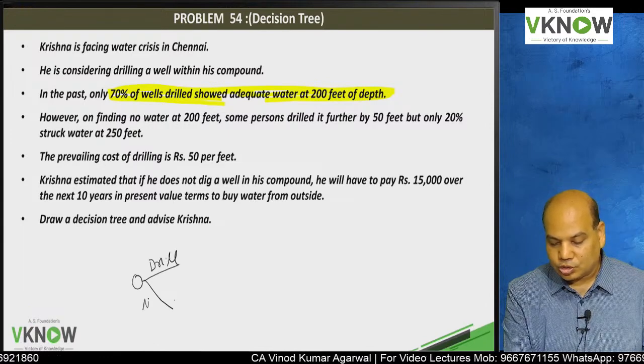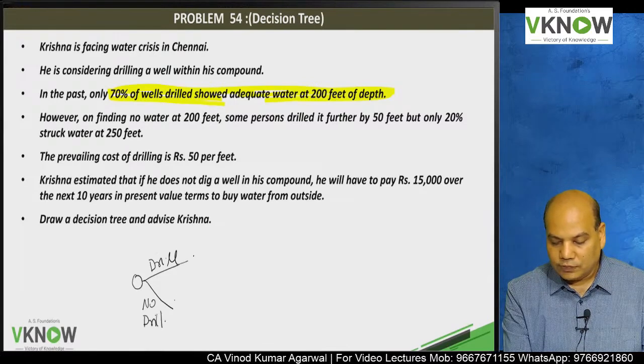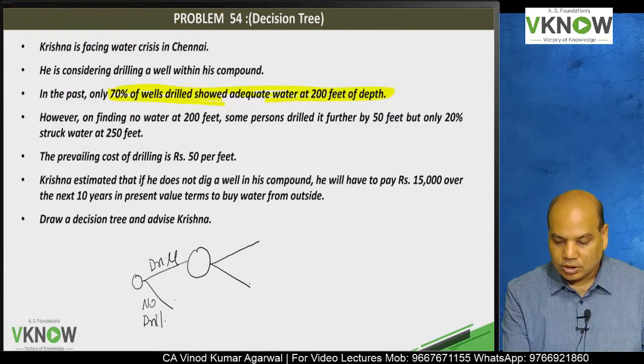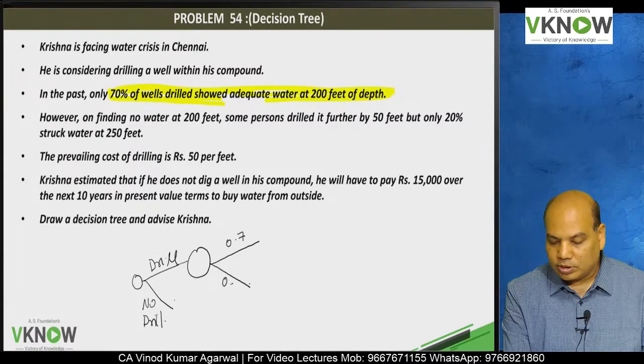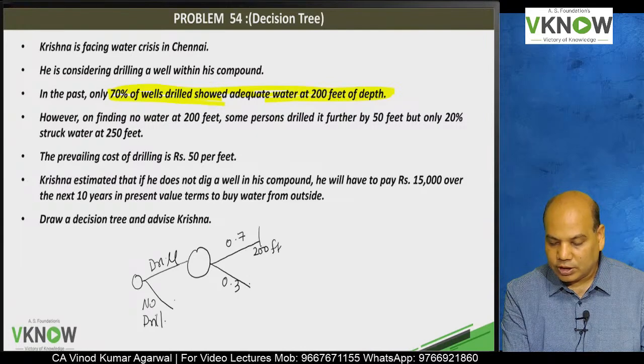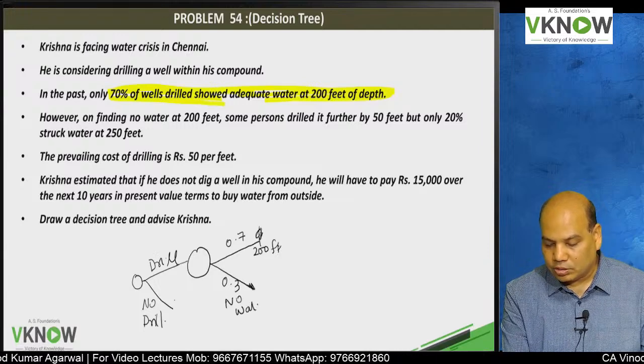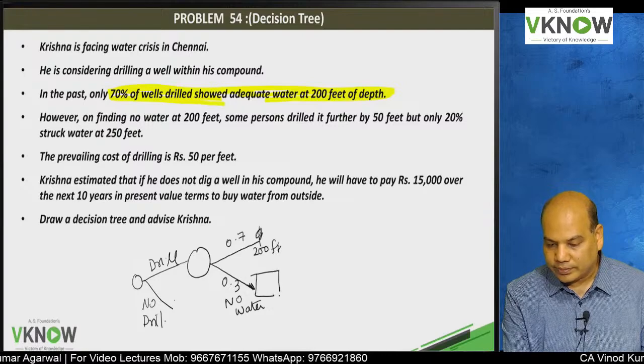That is my choice I have to make. If you drill, then you will get water whose probability is 0.7. If you drill up to 200 feet, you will get water, but there is a 30% chance you will not get water.